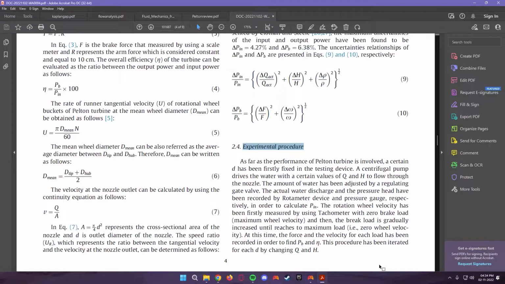The speed has first been measured using the tachometer with zero brake load at maximum velocity, and then the brake load is gradually increased until it reaches maximum. This procedure has been iterated for each D by changing Q and H.